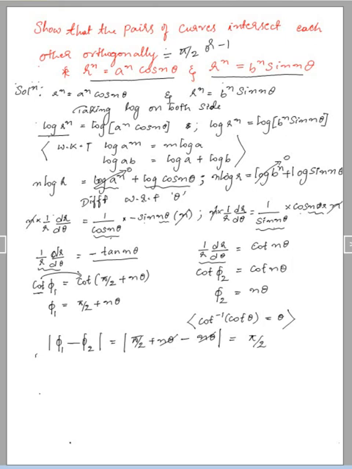Thus we can conclude that the curves intersect each other orthogonally. We got the value of the angle of intersection of those two curves as pi by 2. Therefore we can conclude that the curves intersect each other orthogonally.